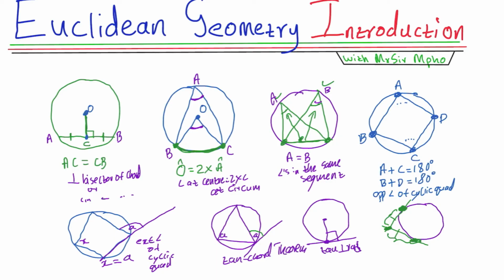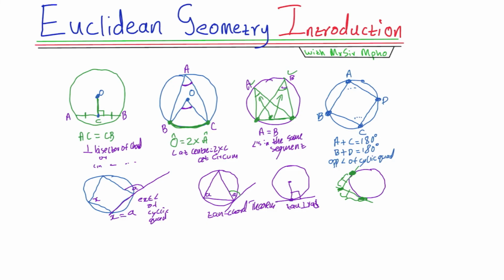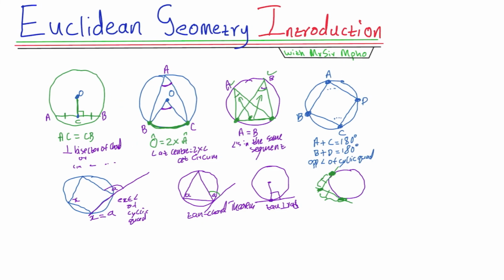And then there's one that I left that is very special to my heart. So I'm going to make some space for it and draw it here. This one I love because it's easy and it's almost always there. So let's draw it. When you have a diameter, what is a diameter?